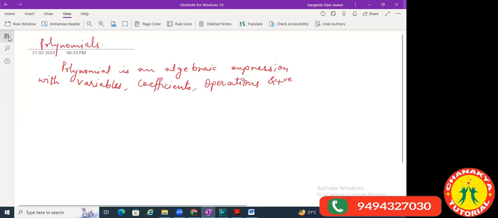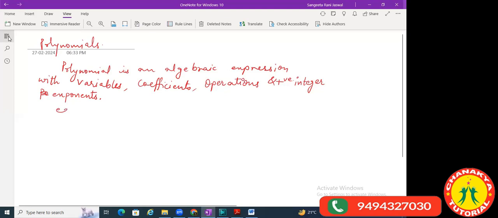Okay, and then you have positive integer powers. Powers, you can write exponents also. So polynomial is an algebraic expression with variables, coefficients, operations, and positive integer powers.